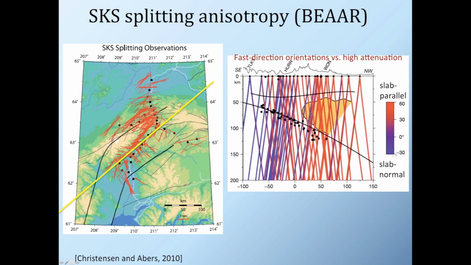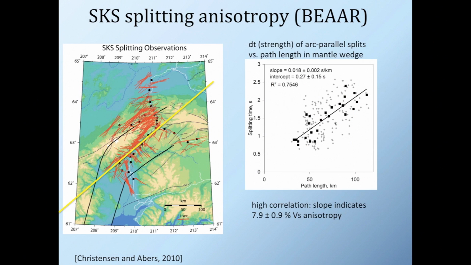So we argue in our 2010 paper that what we're seeing is flow in the hot flowing part of the mantle wedge, which is producing this along-strike fast fabric, probably along-strike flow at some rate. And this is supported by looking at the actual splitting times. These are the delay times associated with shear wave splitting that increase as you go farther and farther away from the trench, linearly proportional to the amount of path length that's in the mantle wedge.